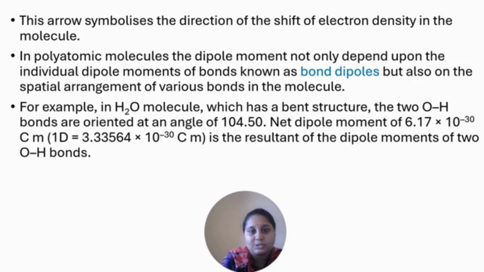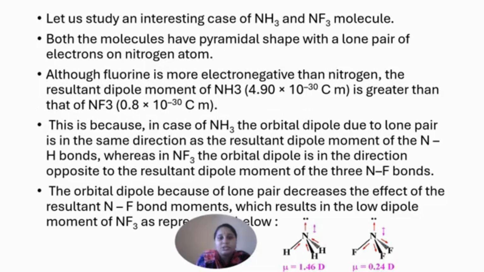Because in NH3, the orbital dipole due to the lone pair is in the same direction as the resultant of the NH bond moments, whereas in NF3, the orbital dipole is in the opposite direction to the resultant of the NF bond moments. As a result, the dipole moment of NF3 is lower.